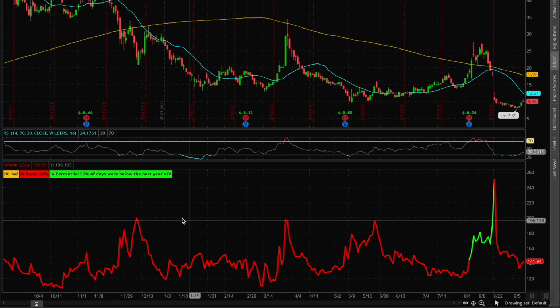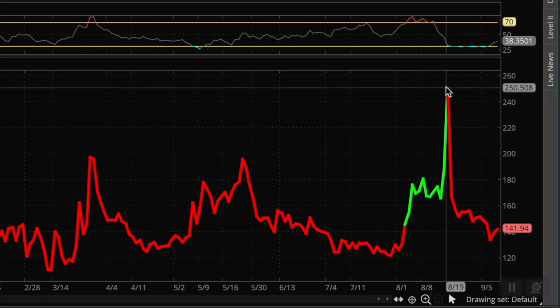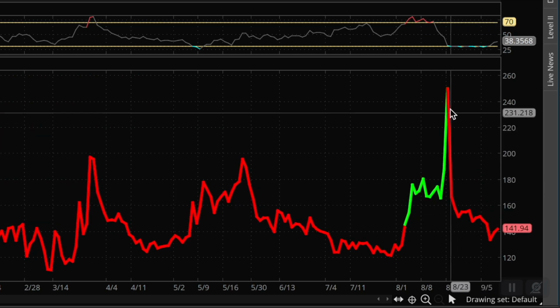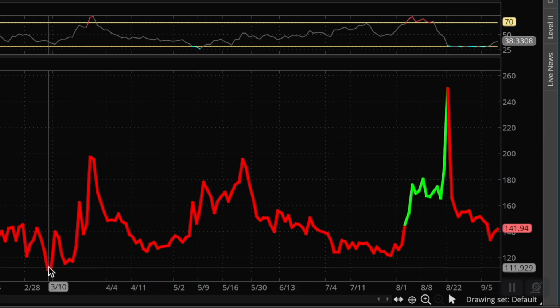So looking at this chart, it's pretty obvious that the lowest point of AMC's implied volatility in this past 1 year was either at this point or maybe also at this point. And the highest point the implied volatility has gotten to is clearly this point right here, where for some reason it expanded dramatically up to about 250%. So, like I said, IV rank compares the current IV way down here with the high and the low of the past 1 year.